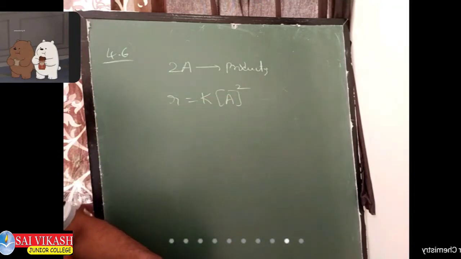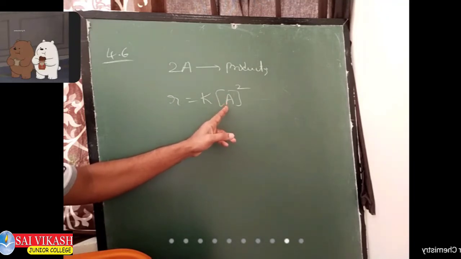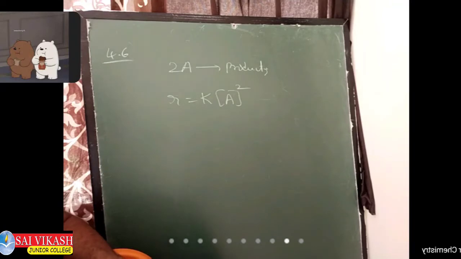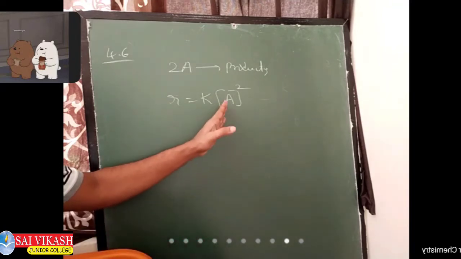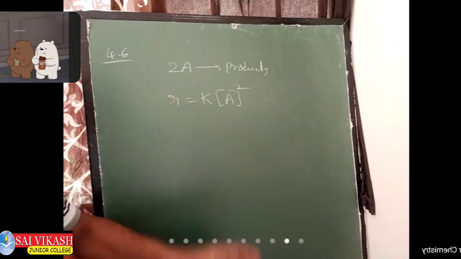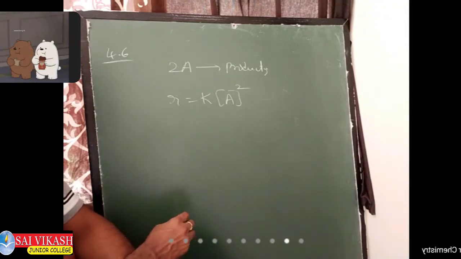But what they have given: how is the rate of reaction affected if the concentration of the reactant is doubled? Look, if the reactant concentration is doubled, how much will it be? We know that when the concentration of reactants increases, the rate of reaction also increases.